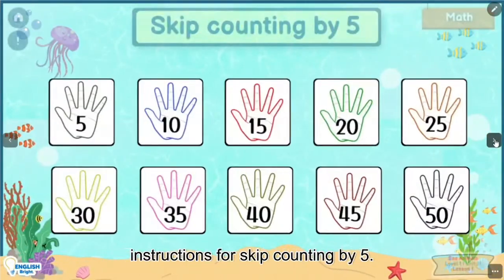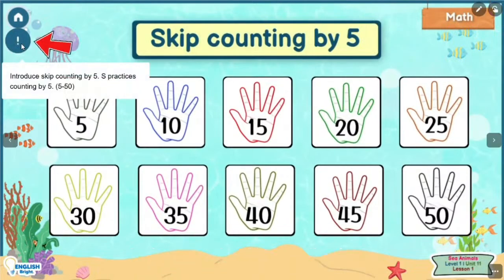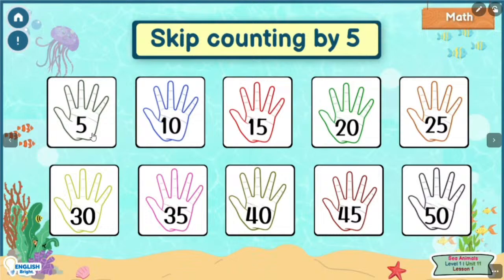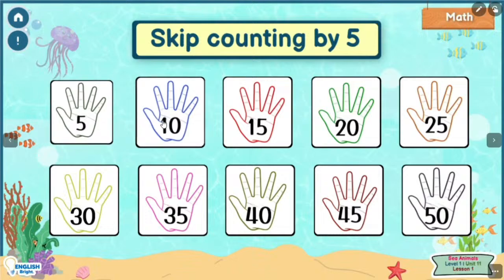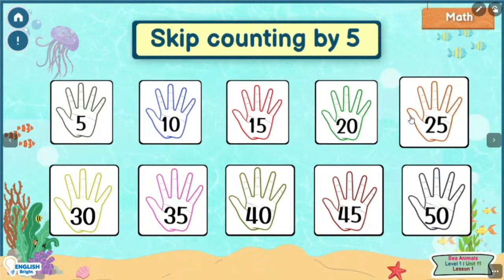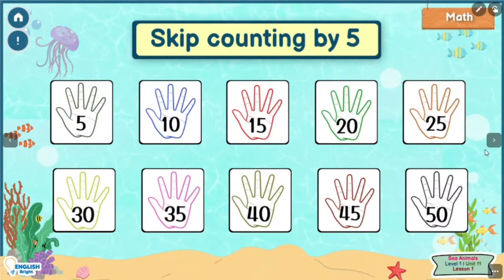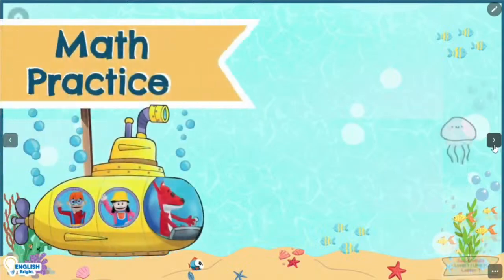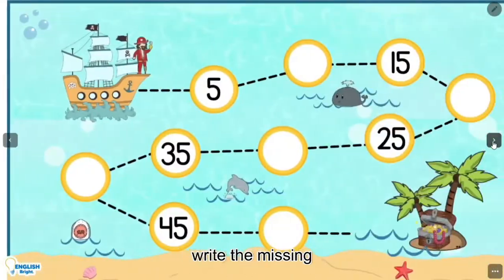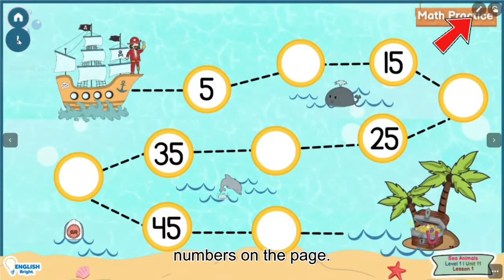For math, click the tooltip to get the instructions for skip counting by 5. In math practice, we can use the pen to write the missing numbers on the page.